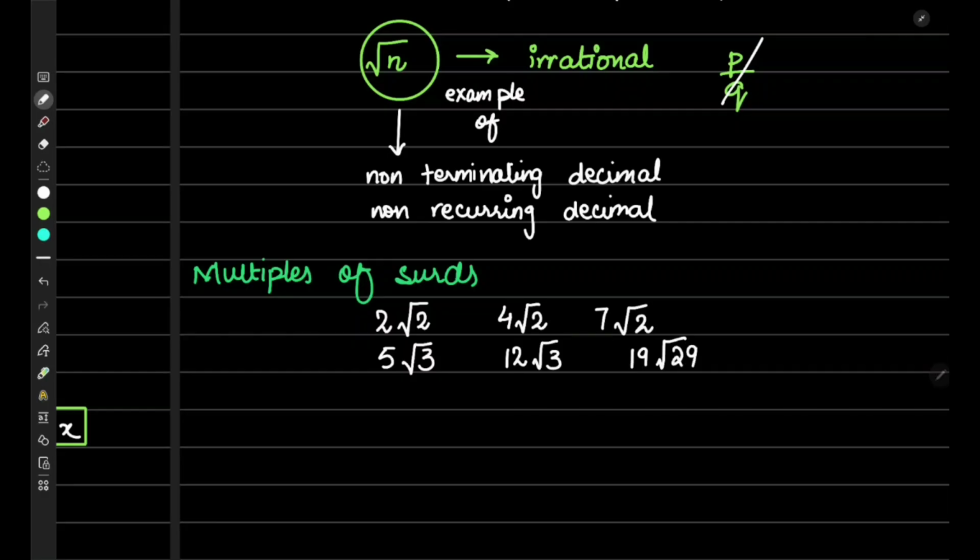If you can see, these are not just the square roots, rather some number is also multiplied with it. If you have any multiple of a surd, it will surely also be a surd. So any multiple of root n will be a surd also.